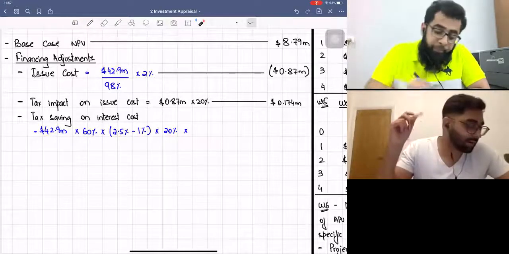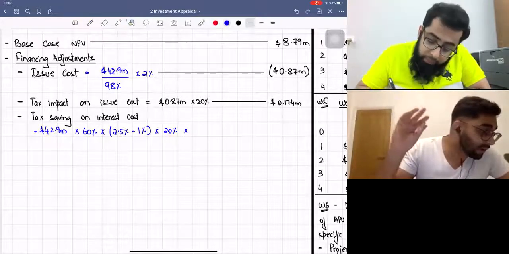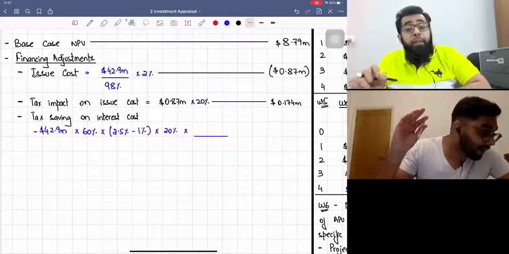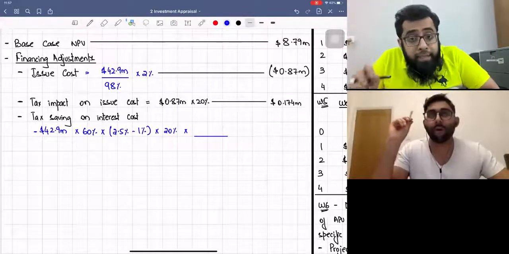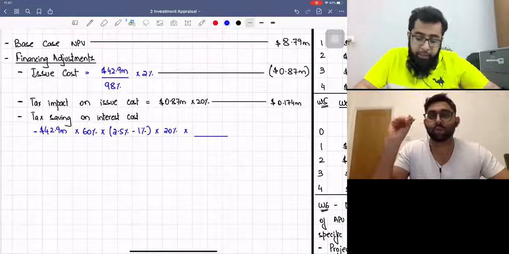And then we have to do the annuity factor of 4 years at the market interest rate.